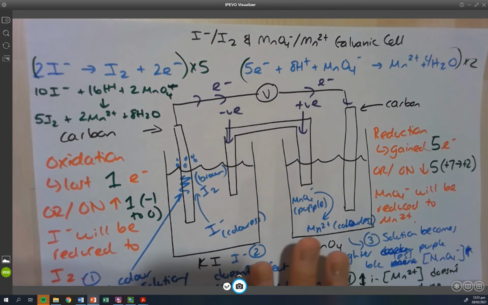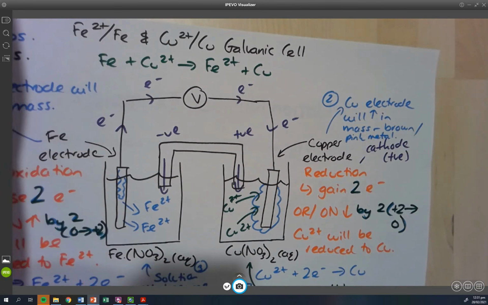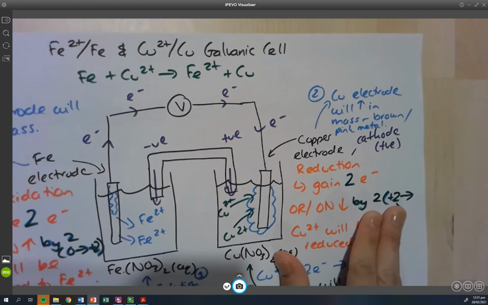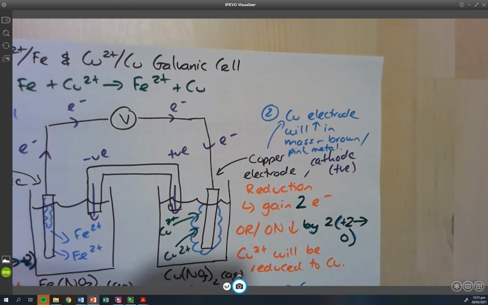Cool. All right, let's now backtrack to the standard cell diagram so you know what that is referring to. It is basically just a shorthand for us to communicate what this cell looks like without having to draw this whole diagram. The thing to remember about these standard cell diagrams is that you are starting with the oxidation and you are going to the reduction.